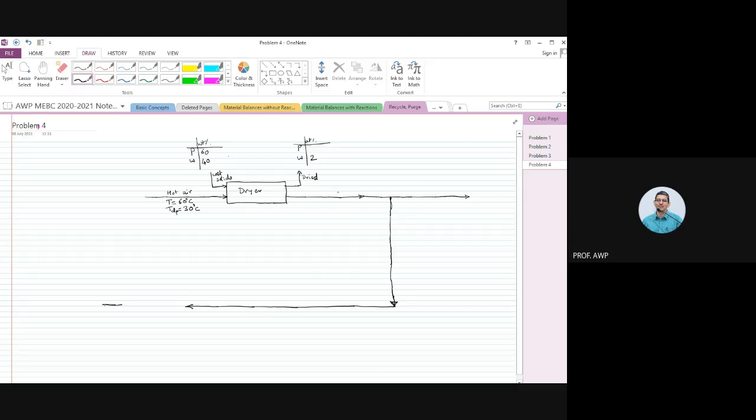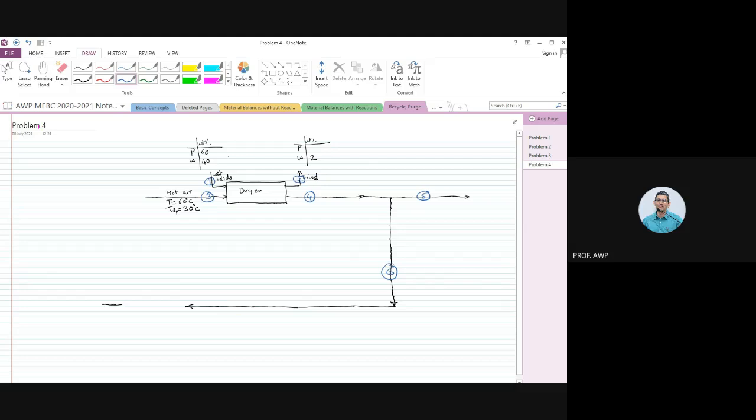So suppose this air going out of the dryer, let's give some stream numbers. Let's call this stream number 1, stream number 2, stream number 3, stream number 4, stream number 5, 6.